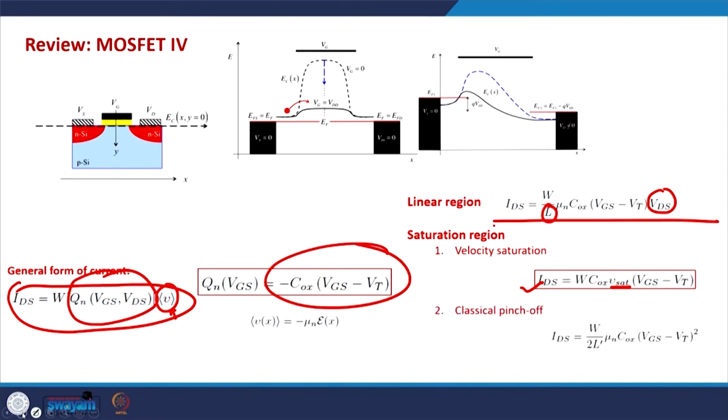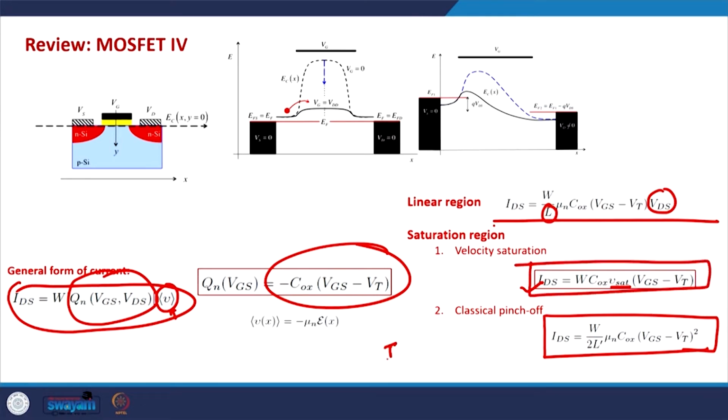And when saturation happens because of the classical pinch off, the current can be represented in this way. This we have already seen in the last class, and as you can see from these two expressions, IDS is independent of VDS.